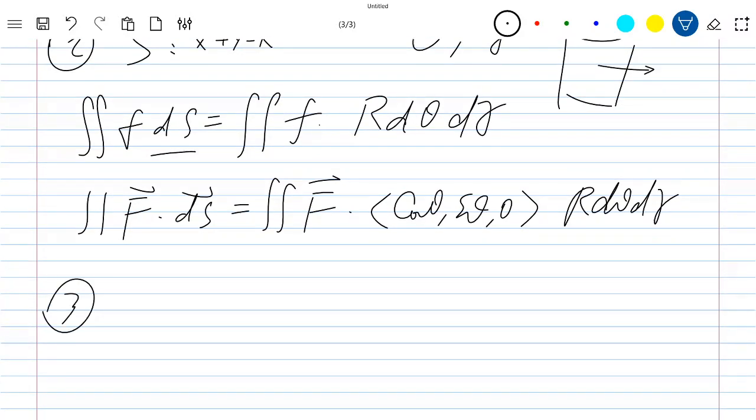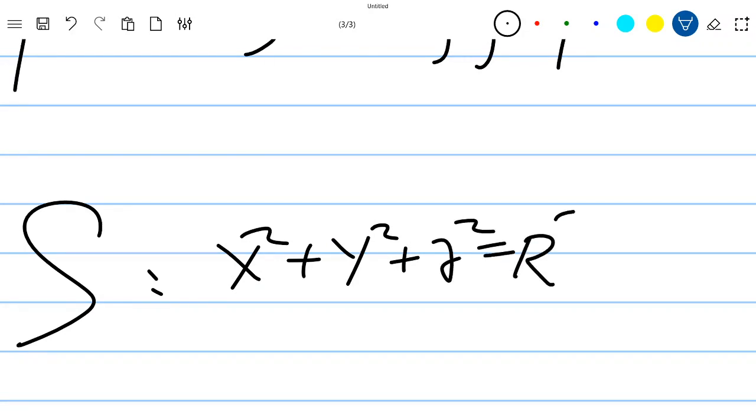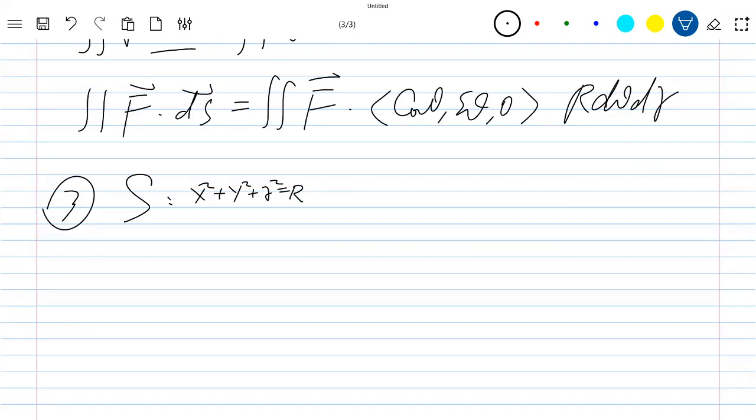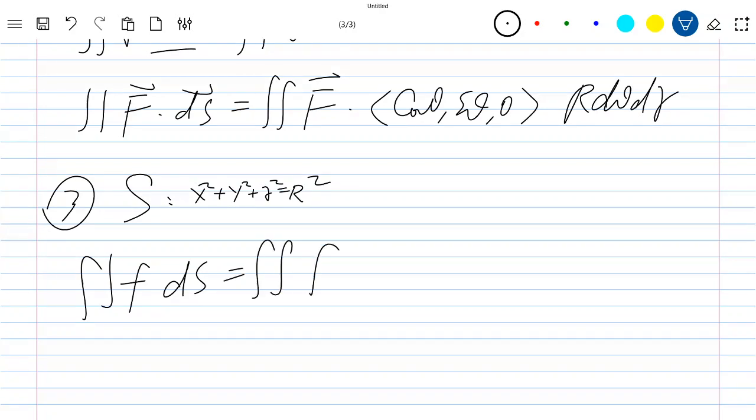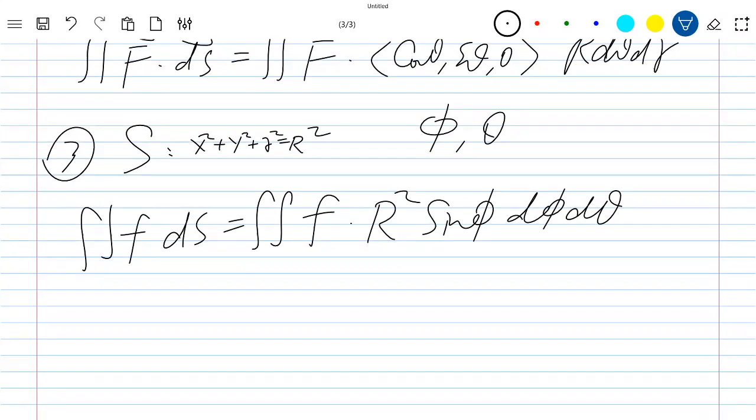And the third one is the sphere. So suppose your surface is part of a sphere. Then to integrate over the sphere, you can just write down r squared sine phi d phi and d theta, and we'll use phi and theta to parameterize the surface.